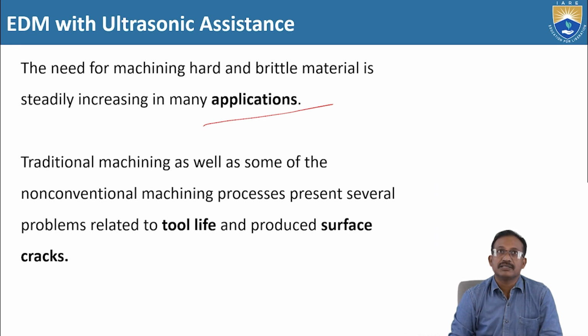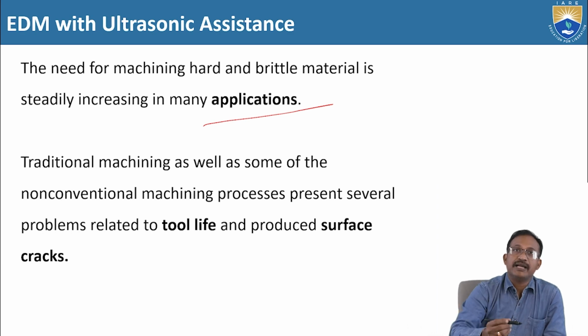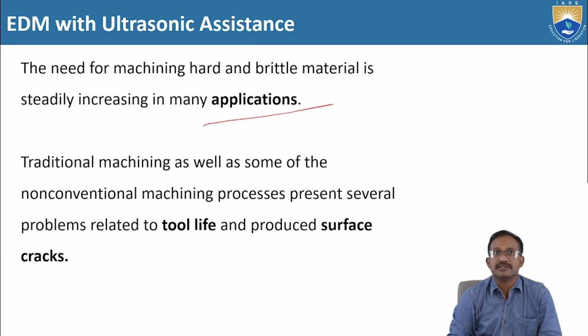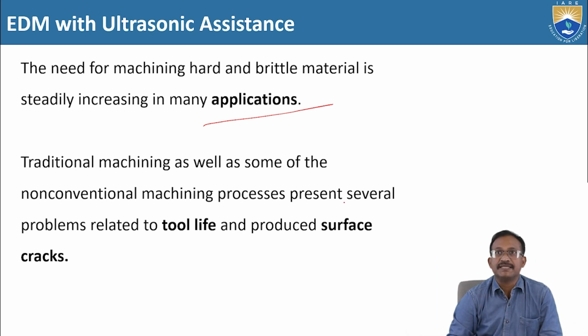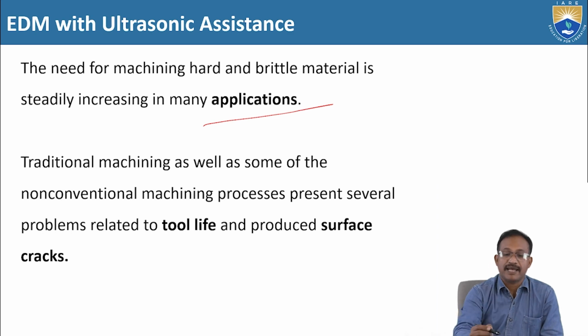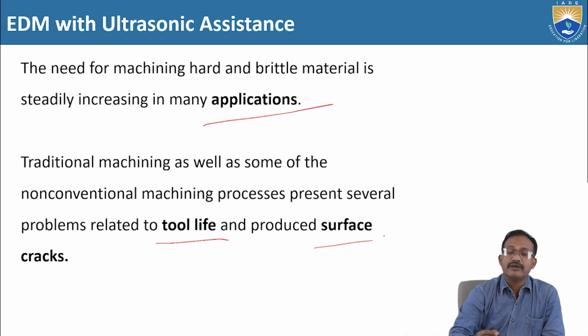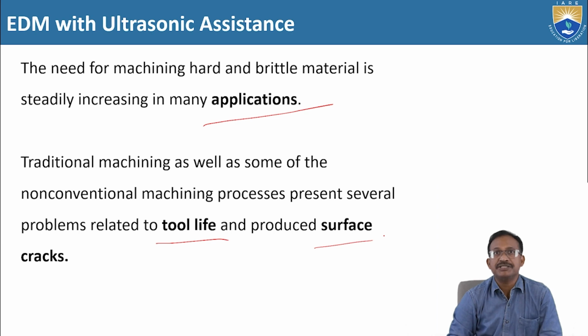For this, EDM with ultrasonic assistance is very much suitable. Traditional machining as well as some of the non-conventional machining processes present several problems related to tool life and produced surface cracks.